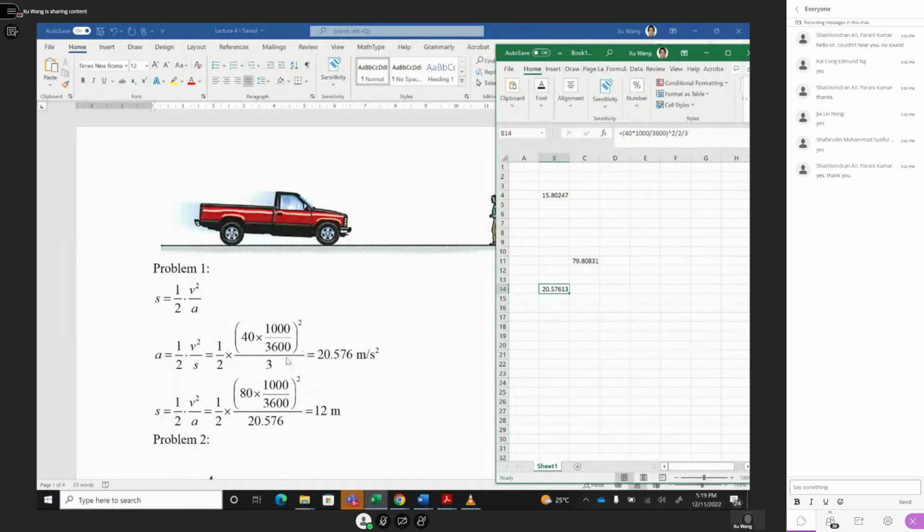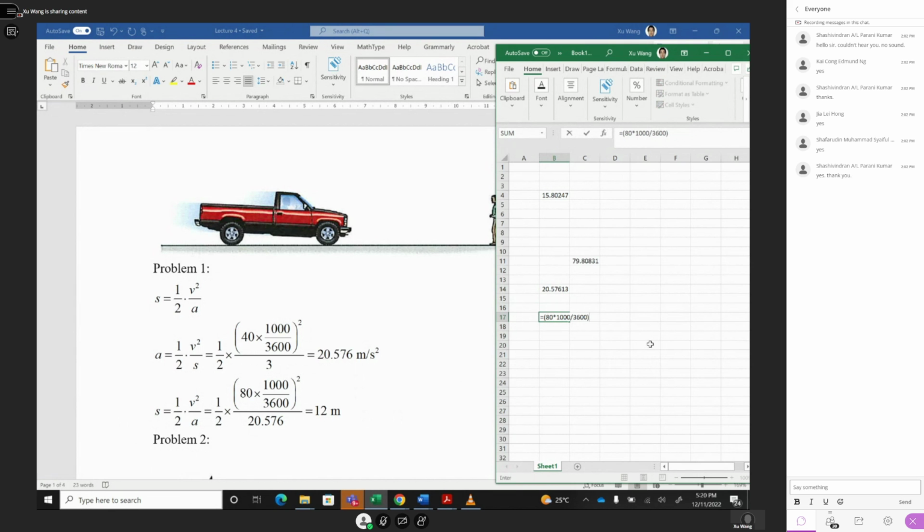And if you know the acceleration, then you use the same formula. Now the speed is 80 kilometers per hour, and you keep the same acceleration. What is the stop distance? Use this formula. It should be 80 multiplied by 1000 and divided by 3600. You change kilometer per hour to SI unit meter per second, and this is your velocity.